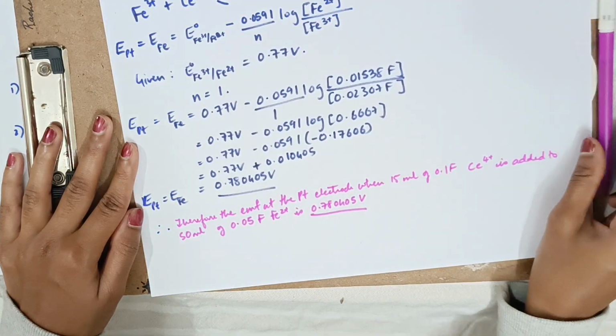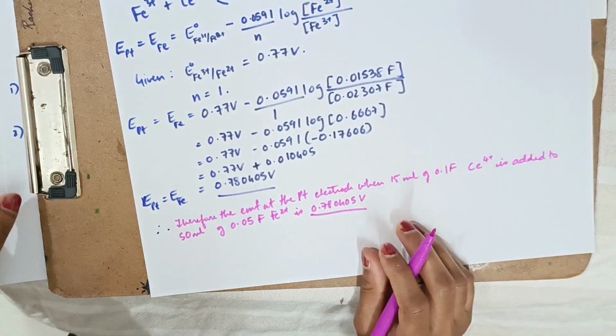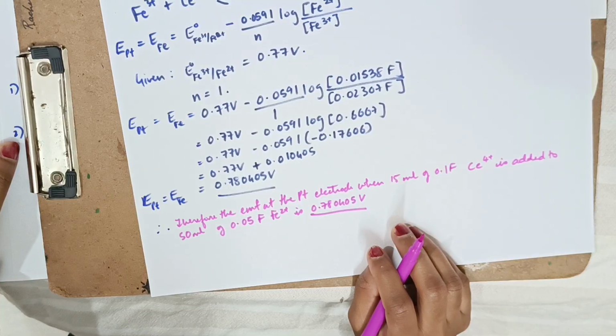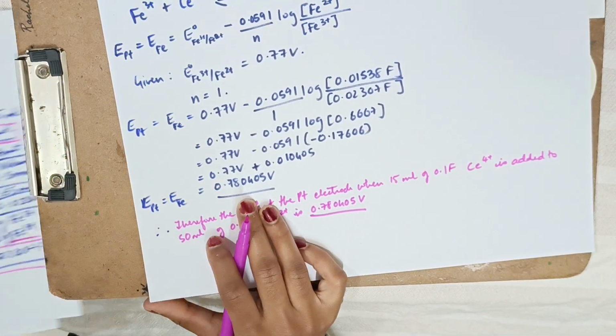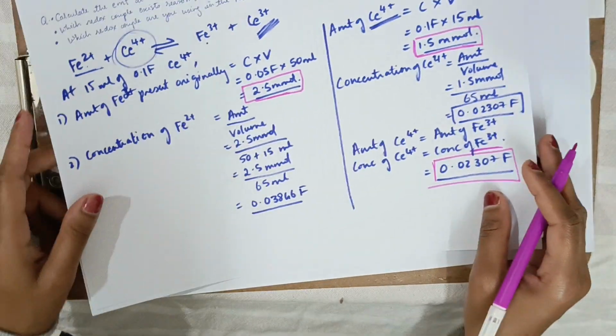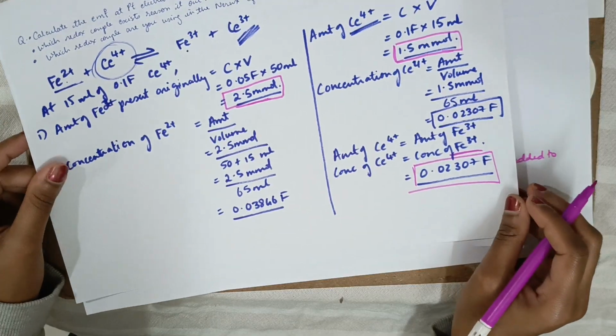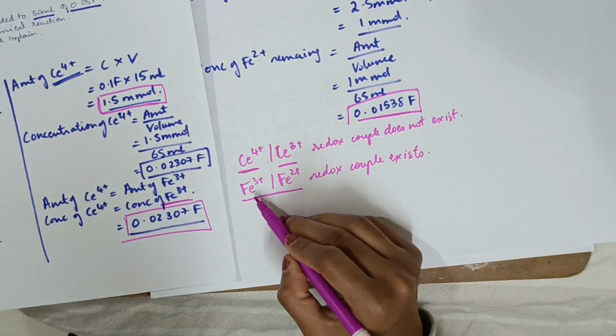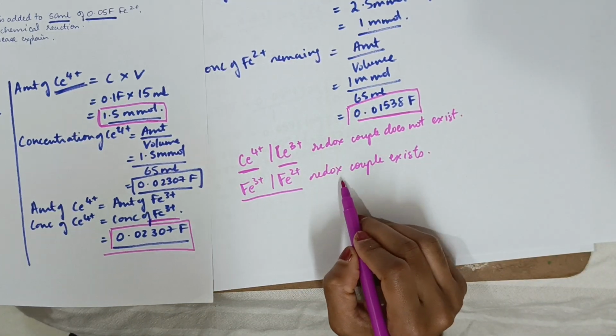Okay. So an important point to note is which redox couple exists. To just recall, the redox couple which exists is the Fe3+ and Fe2+ redox couple.